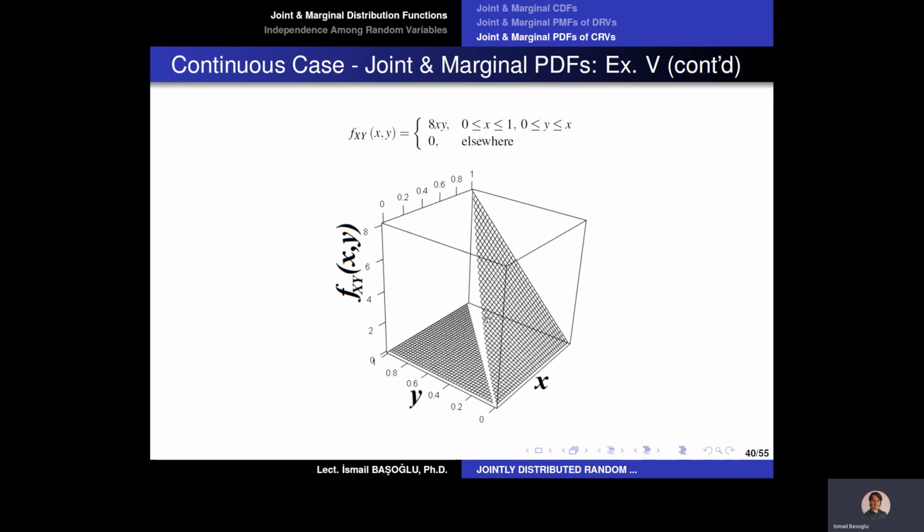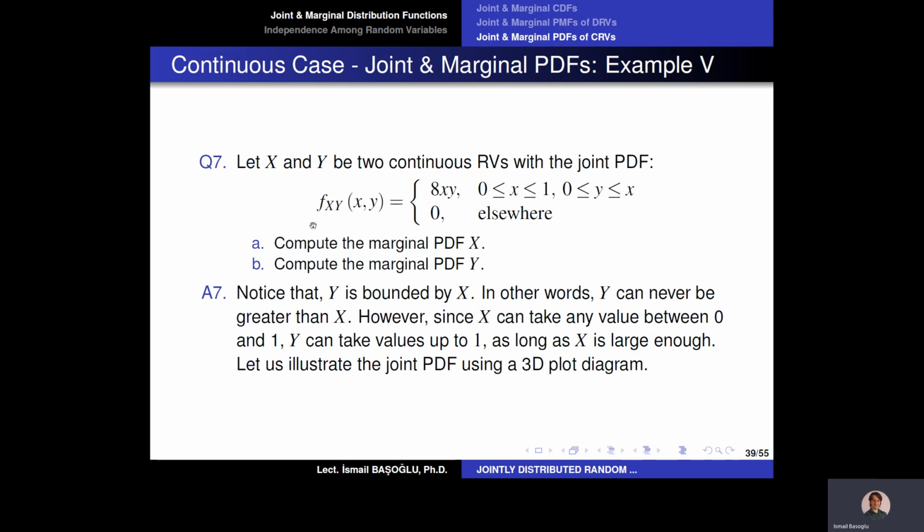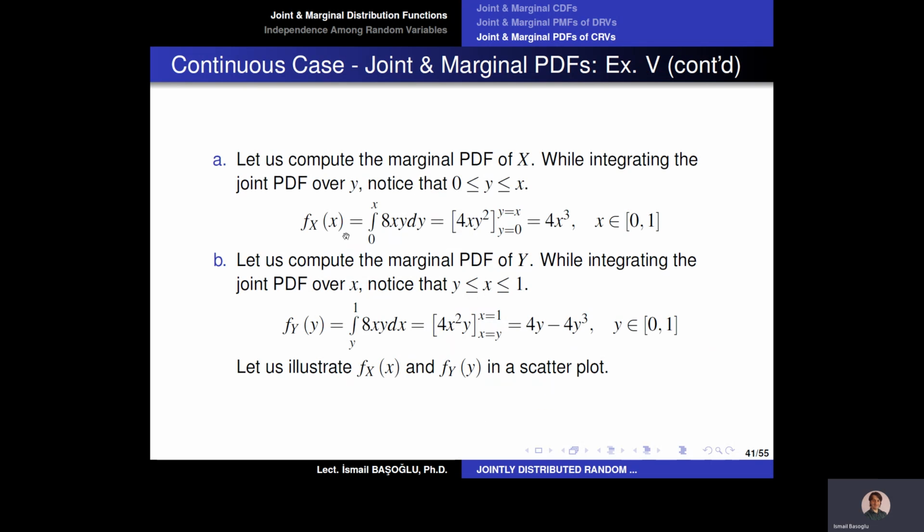All right, so we are going to calculate the marginal PDF of x in the first place, as asked in the first part. What we need to do is, if we are going to calculate the marginal PDF of x, we need to integrate the joint PDF over the y variable.